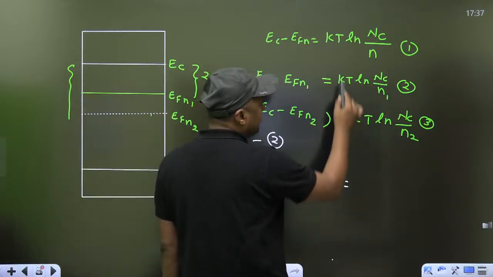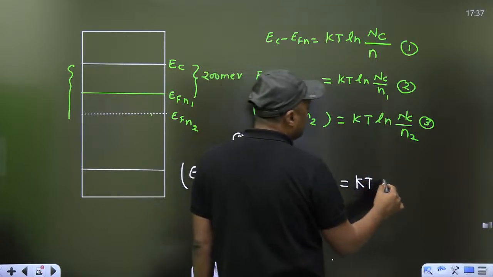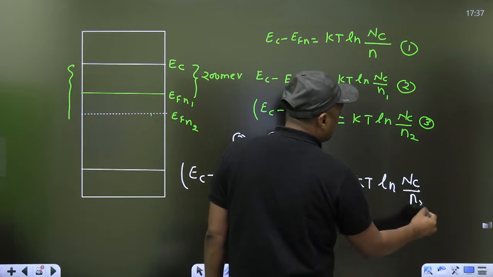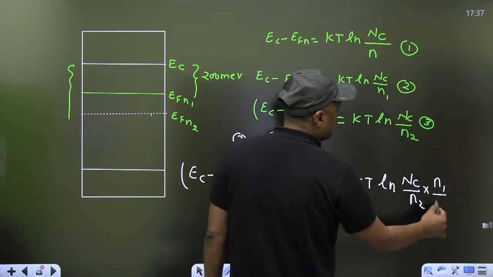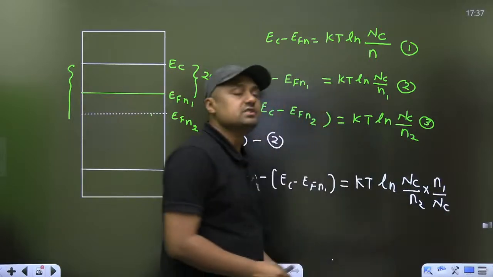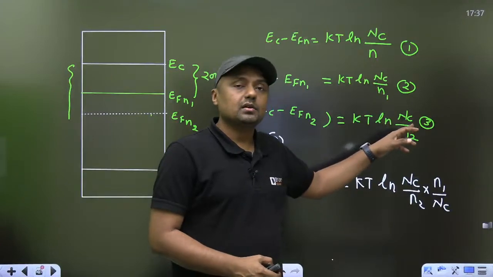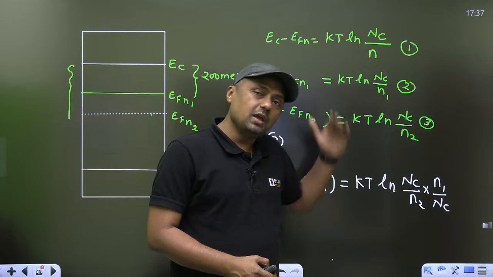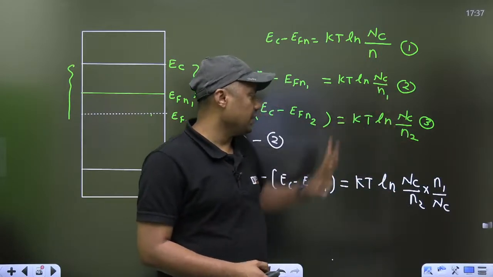When we are subtracting, KT is common, log minus it will multiply, KT log of NC by N2 into N1 by NC. Subtraction means what? Division. Subtraction means log A minus log B. Log A minus log B is what? Log A by B. So this is the log A by B. This is A, this is B.